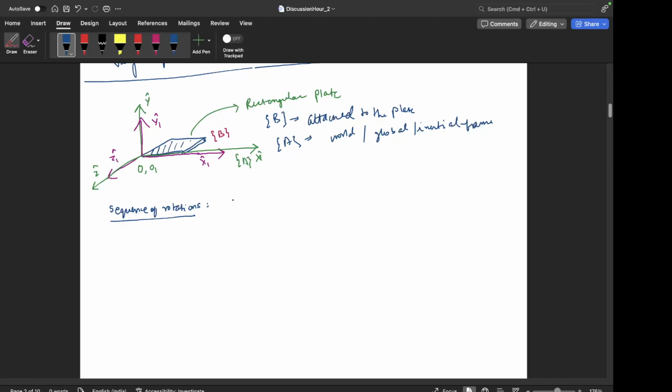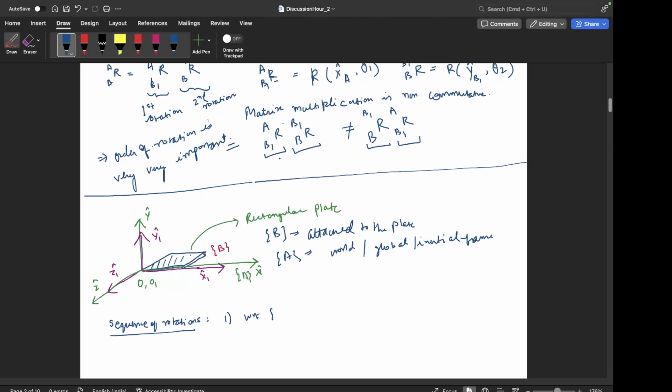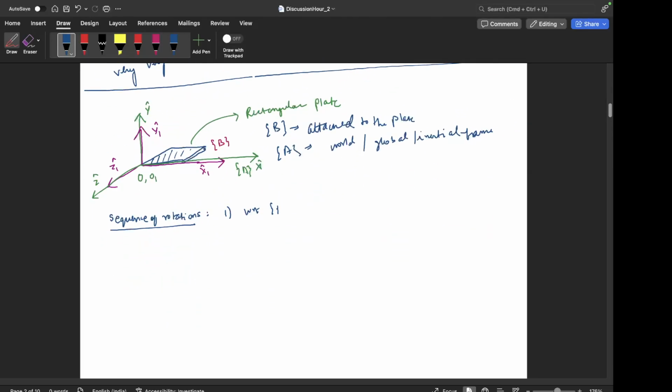First rotation is with respect to frame A, and it can be written as a rotation matrix about X A, and by 90 degrees.